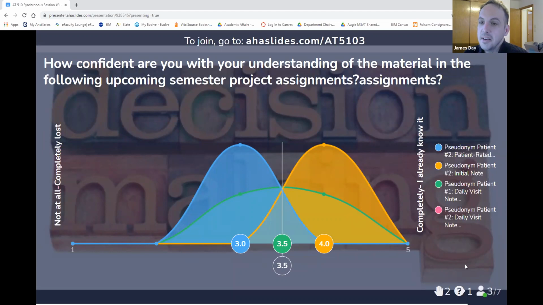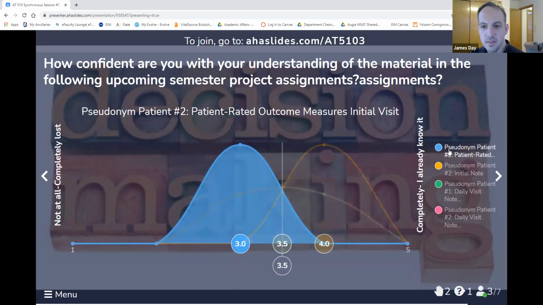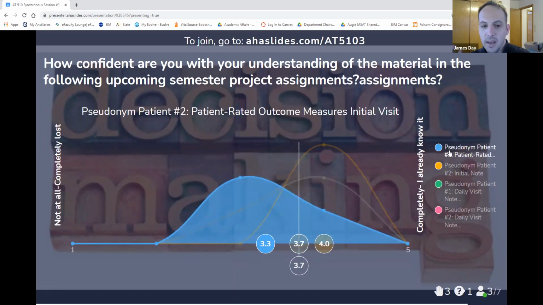And hey, look at that. See, we are growing. We're much more comfortable in our future ability than in our past ability in these. That is great. Still, with the patient-rated outcome measure, with the initial visit, it is easier than I think you think.